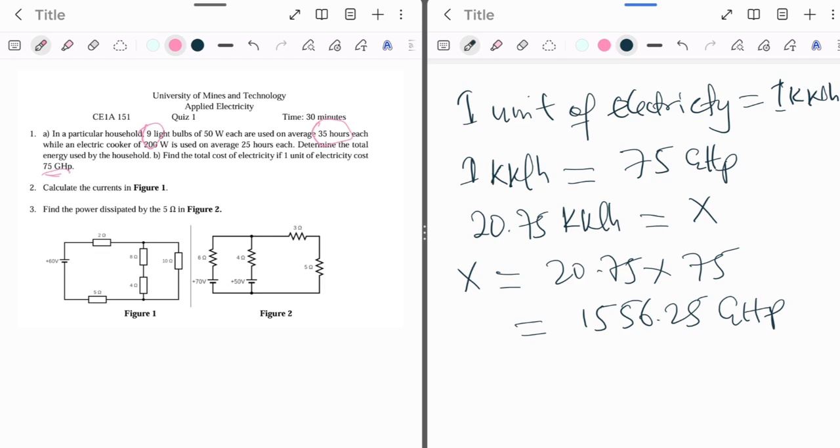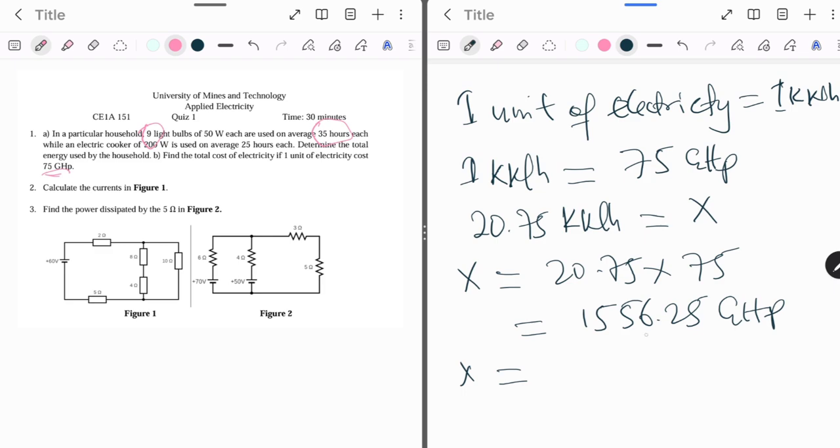So we are going to change this to Ghana cedi, right? To convert from Ghana pesos to Ghana cedi, we just divide the amount given in Ghana pesos by 100.